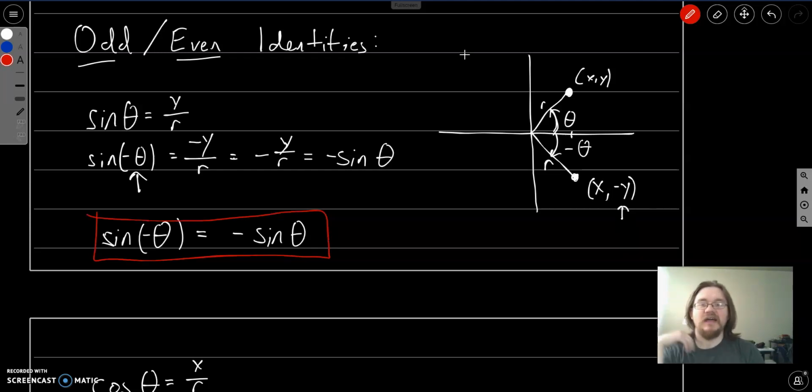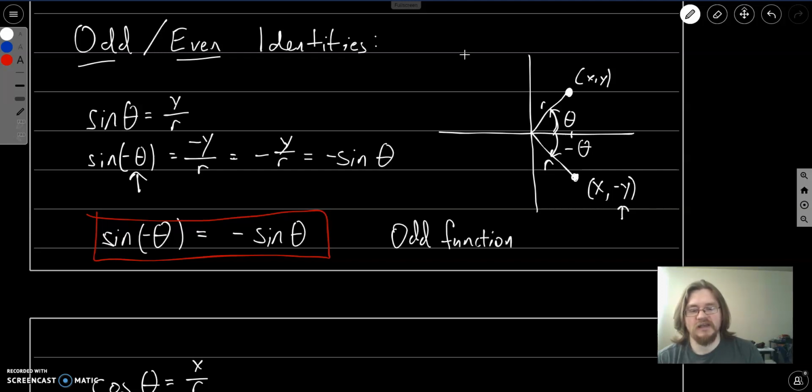Any function that has this property, if you put a negative sign in the argument, the input, and that negative sign just pops out in front of the function, this is what's called an odd function.